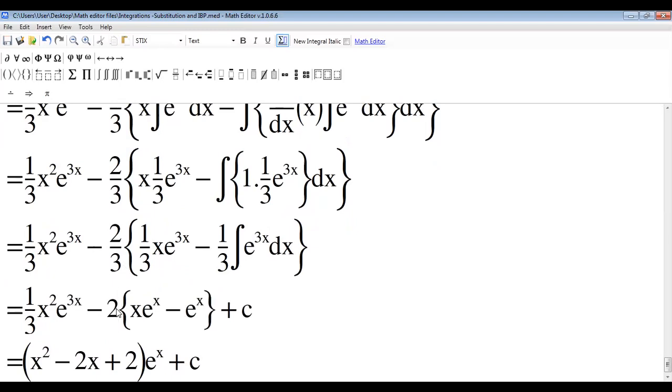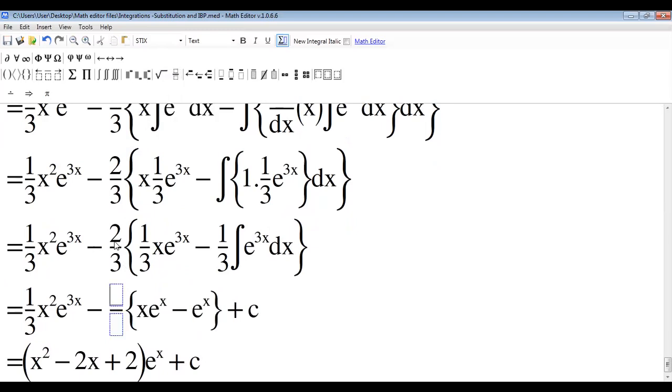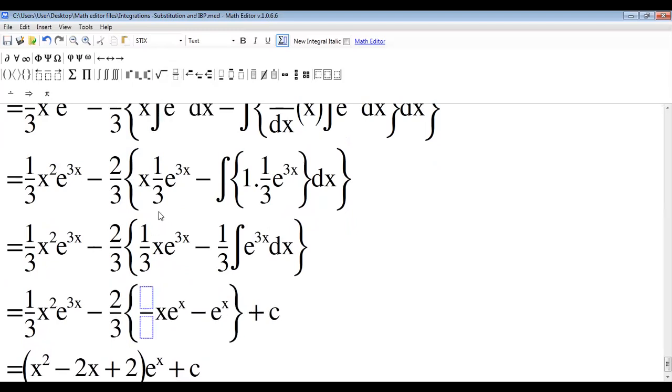This will be minus 2 by 3, and here also another 1 by 3, and this will be thrice x.